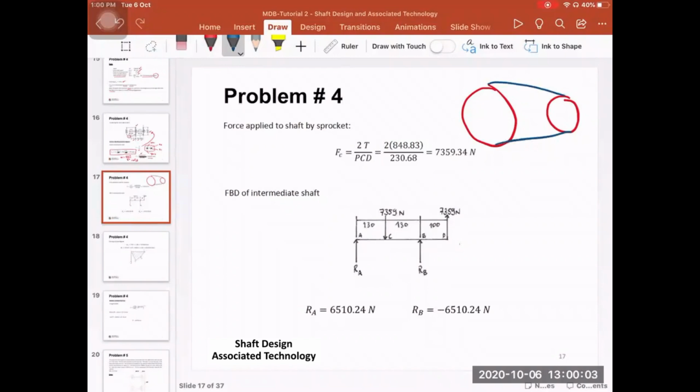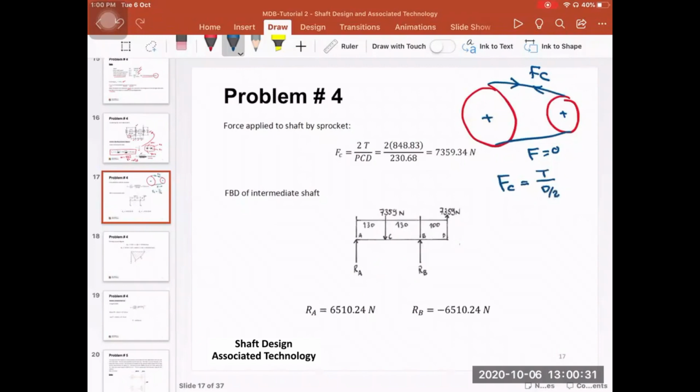And the tight side, the loose side, we have here FC. So here the force is equal to 0 on the slack side. FC here can be calculated as the torque divided by the diameter over 2.